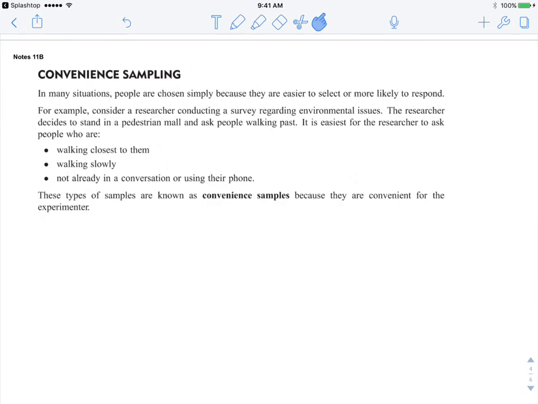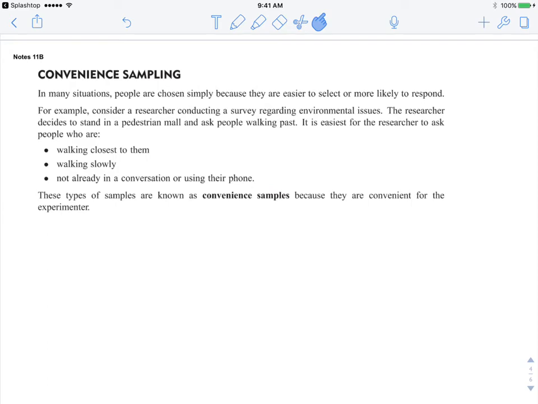The next type is called convenience sampling. In many situations, people are chosen simply because they're easier to select or more likely to respond. For example, consider a researcher conducting a survey regarding environmental issues. The researcher decides to stand in a pedestrian mall and ask people walking past.